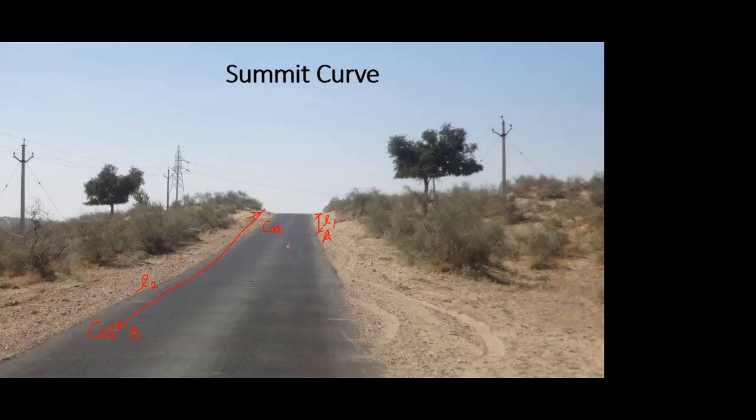In short, what parameter will it be that decides at what point, suppose if I give a series of names, okay, this is A point, this we have already named B. Okay. So somewhere in between, suppose this is C, this is D. Okay. So what I'm asking is, what parameter will decide whether I will see the vehicle on the other side of the curve when I am at point B, or at point C, or at point D, or at point A?